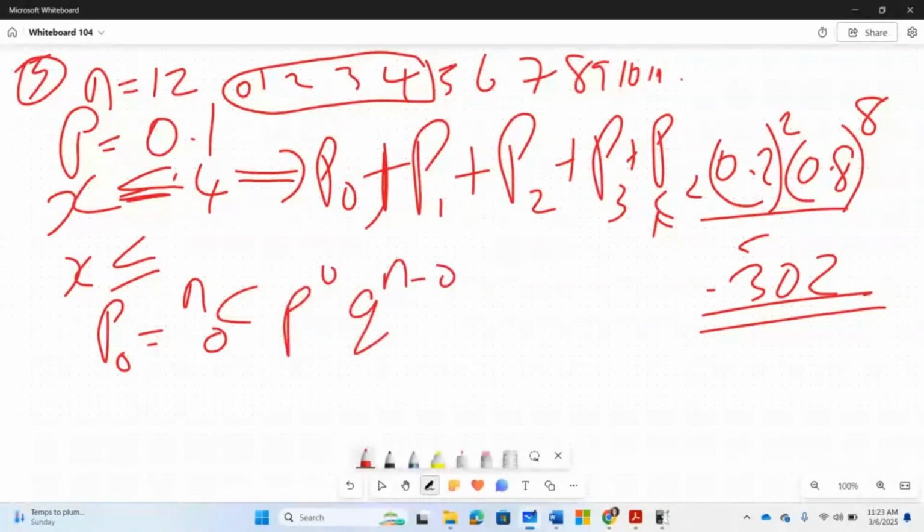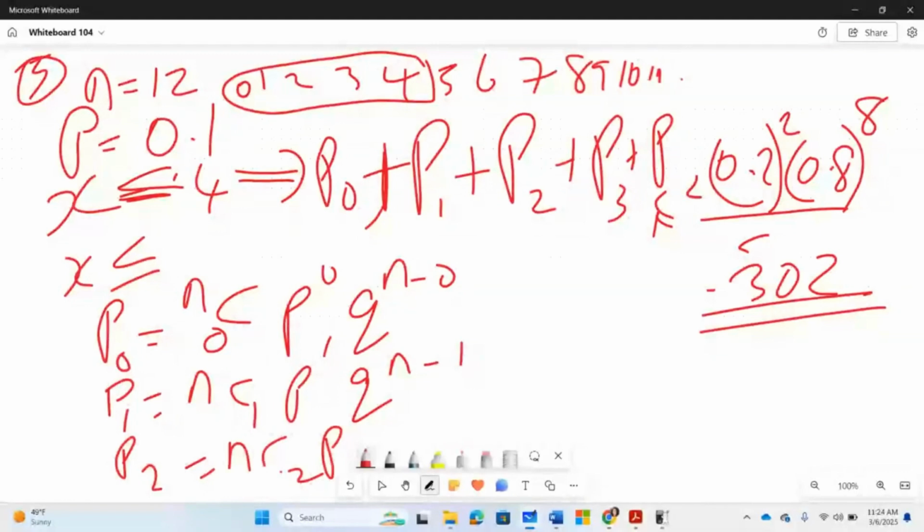P1 is n combination 1, success to power 1, failure to power n minus 1. And P2 is n combination 2, success to power 2, failure to power n minus 2, until you get to 4.